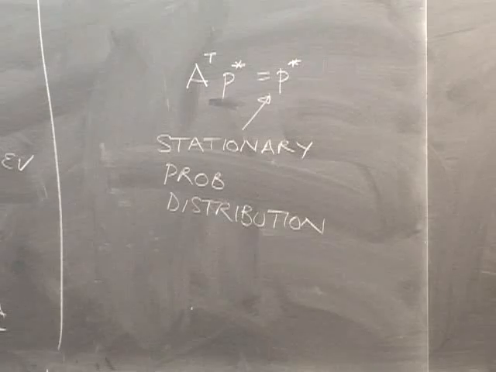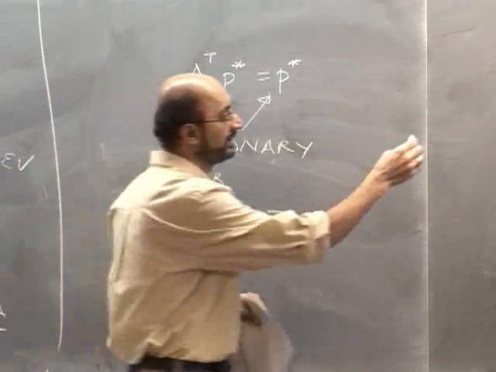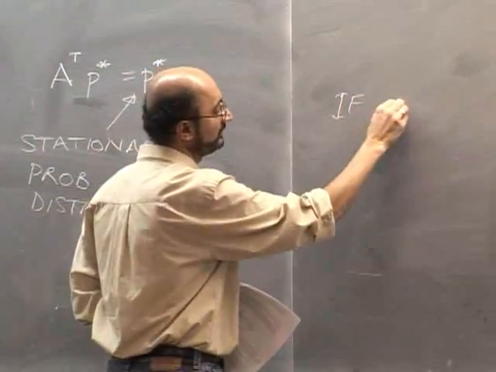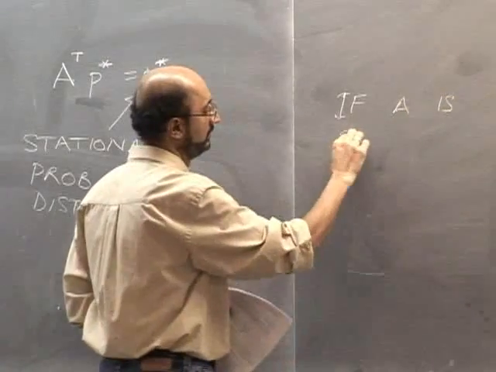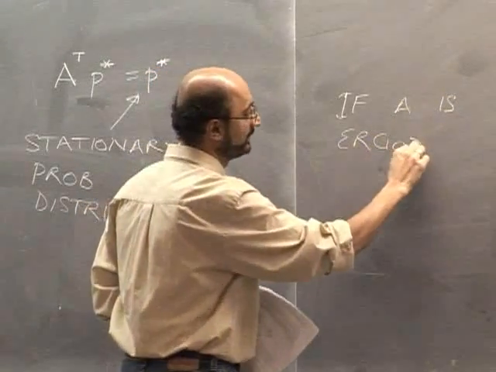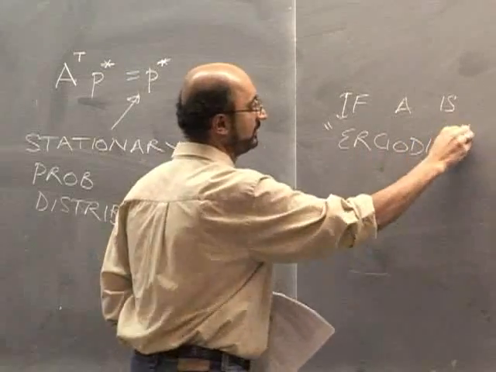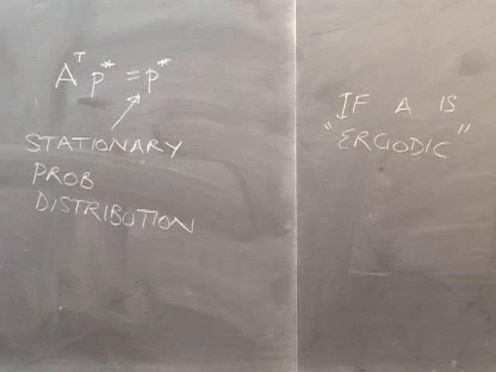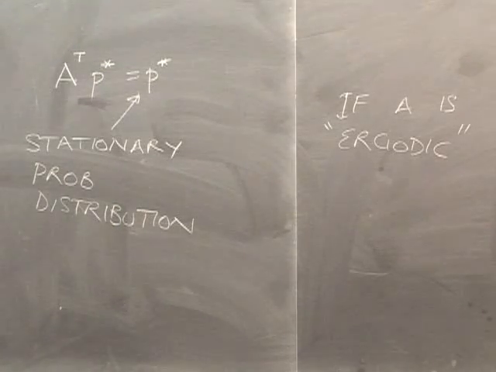Roughly speaking, this holds if A is ergodic. I won't explain what ergodic is, but very roughly speaking, if A has this property of ergodicity, then we have this beautiful result that no matter what you started from in the initial distribution, eventually you'll get to the stationary probability distribution. Once you get there, you won't leave.